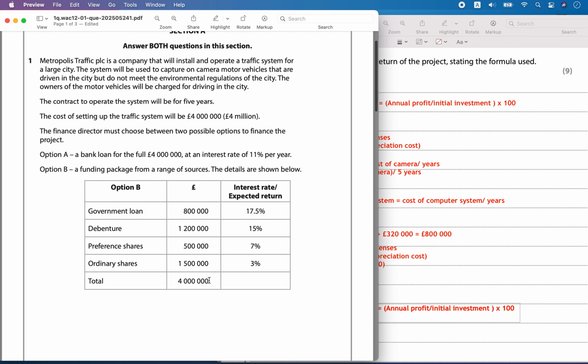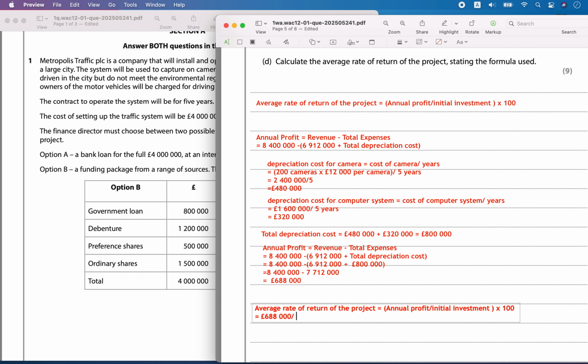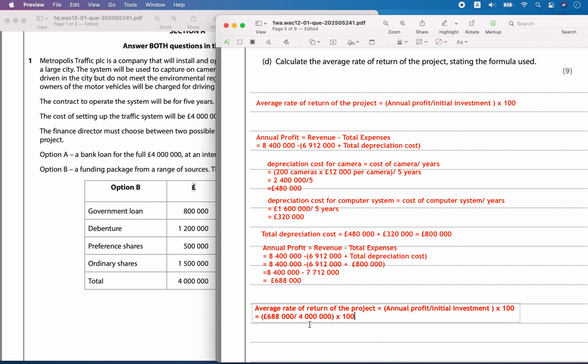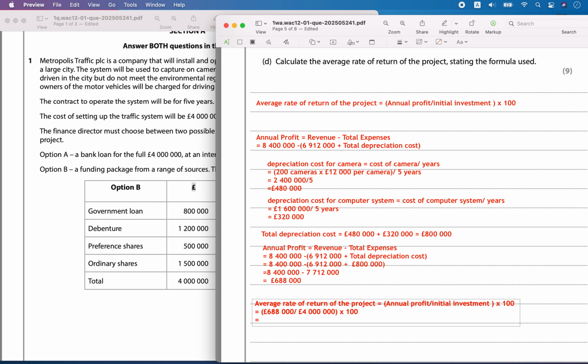The initial investment for the project was 4 million, which is already given if the funding was from option B, times 100. So that is going to be equal to 17.2%.